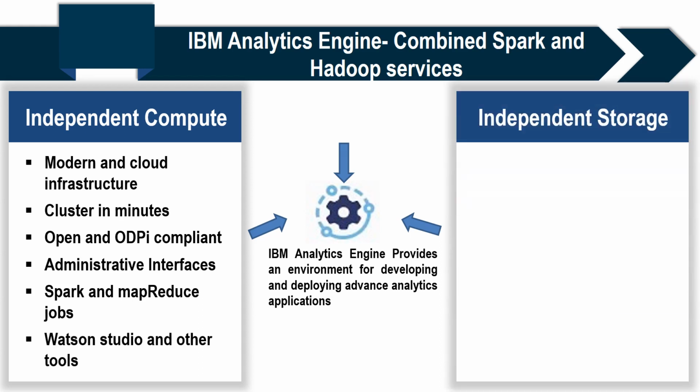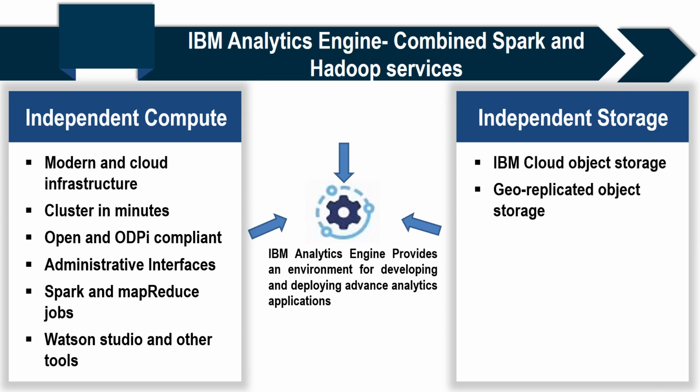One of the key features of IBM Analytics Engine is that it decouples the processing capability, compute, and the storage. In regular Hadoop implementations, your HDFS and the compute are together, whereas in IBM Analytics Engine, you can decouple the storage and use external storage like object storage, and you can have compute.